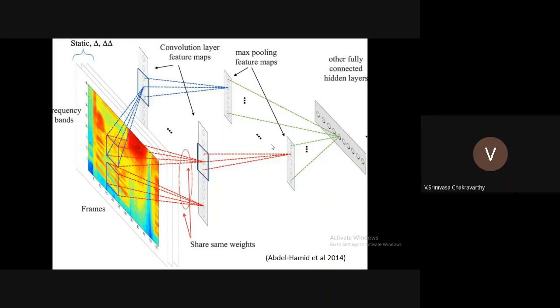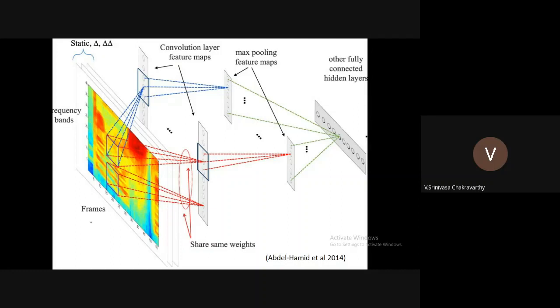So basically what is happening in this problem is you are converting the input signal into an image, into two dimensions. A signal is a one-dimensional structure, and they convert it into a two-dimensional structure. Once you convert it, that image is given to a convolutional network, just like in image processing or image recognition.